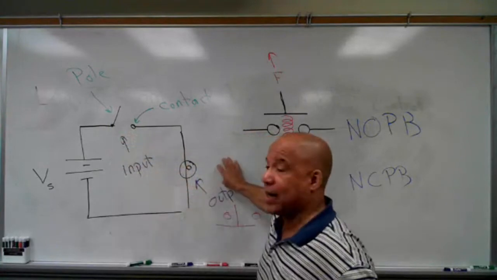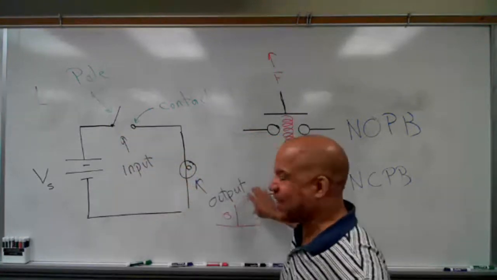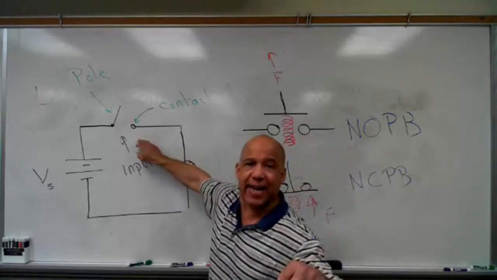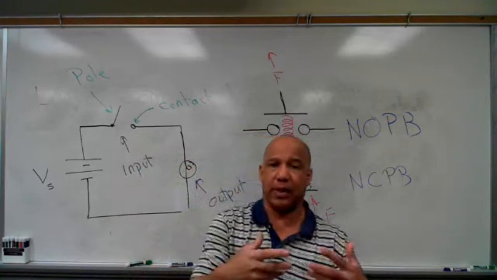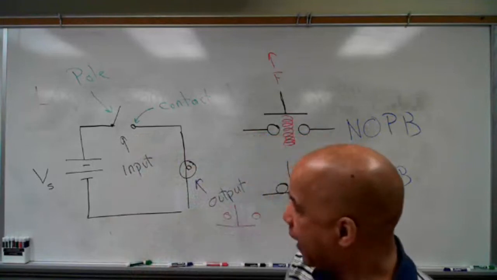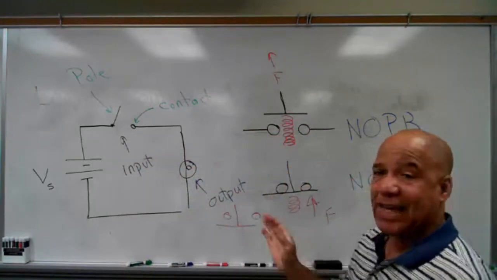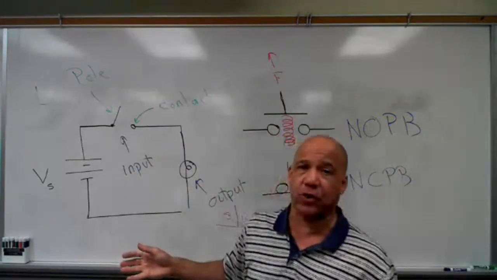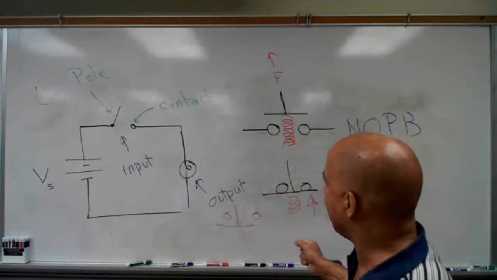The thing you want to control, we're going to call the load, but that's the output. And the switch or button, we're going to call the input or inputs. That's correct, and that's for any kind of control circuit. You've got to have these three elements or you don't have a control circuit.